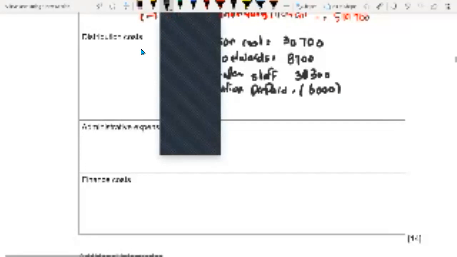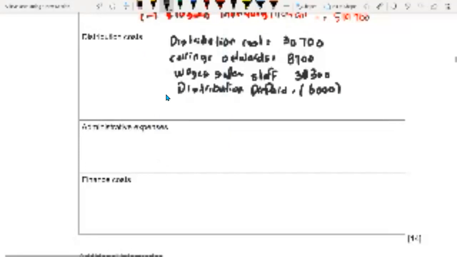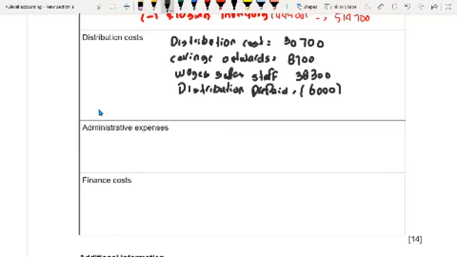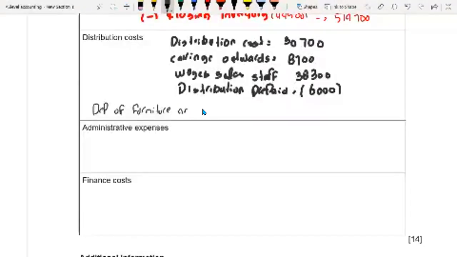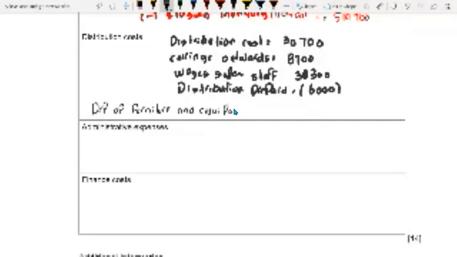And after that, we have to find out the depreciation on furniture and equipment. Okay, so let's see what the depreciation policy was.